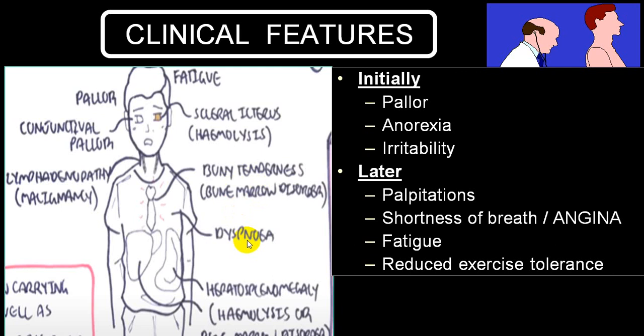Secondary to decreased hemoglobin and oxygen supply, they will develop dyspnea. Hepatosplenomegaly will be very common in certain congenital groups, particularly thalassemia, sickle cell anemia, and also in the myeloproliferative disorders, which we call bone marrow disorders, dysplasia, like chronic myeloid leukemia.